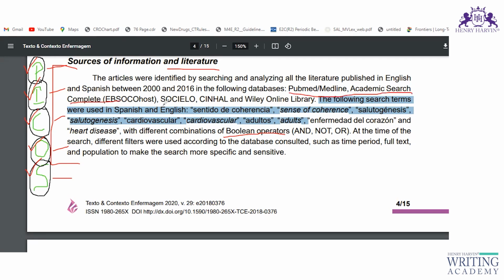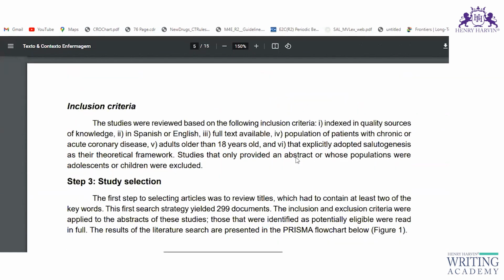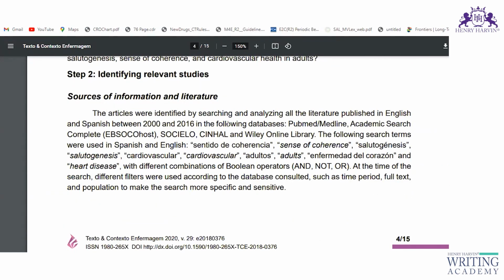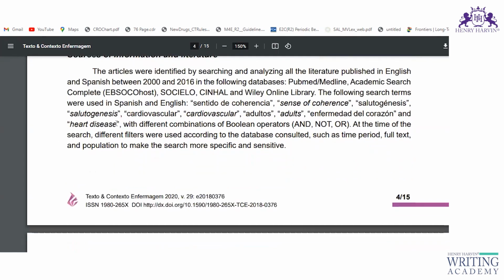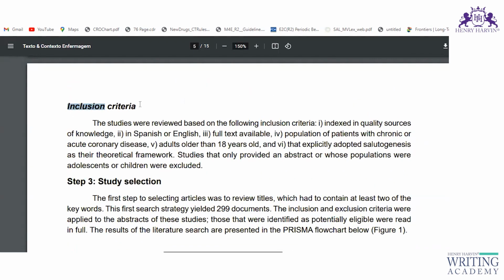The third thing you have to mention is the keywords, whatever keywords you have followed for searching your literature. Now, on the basis of the PICO-S framework which I have told you, and on the basis of your topic and your research question, you have to define your inclusion criteria.